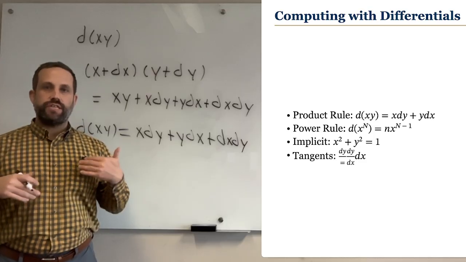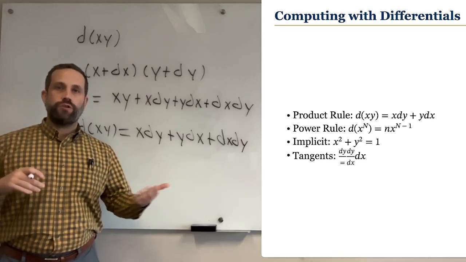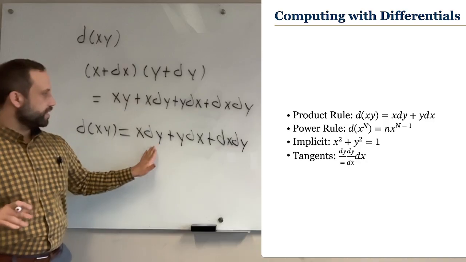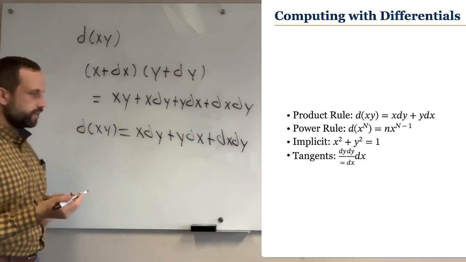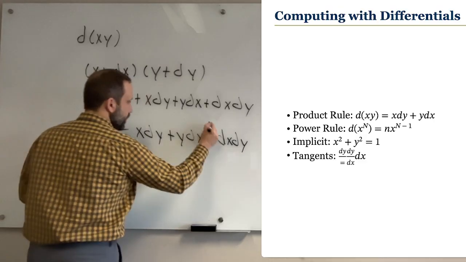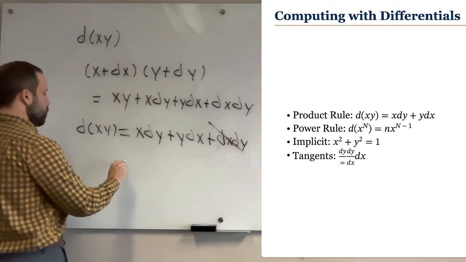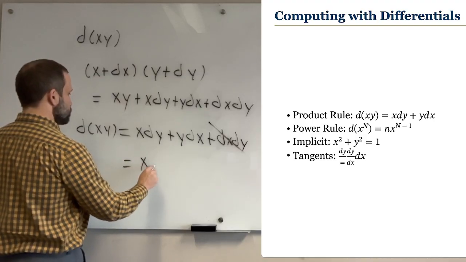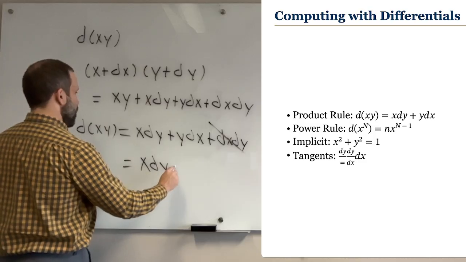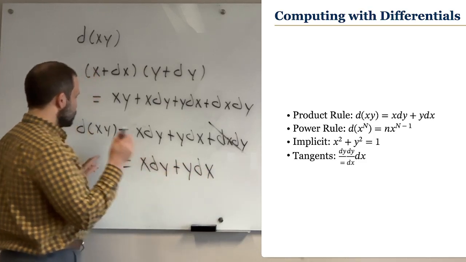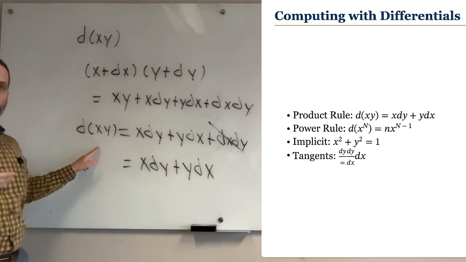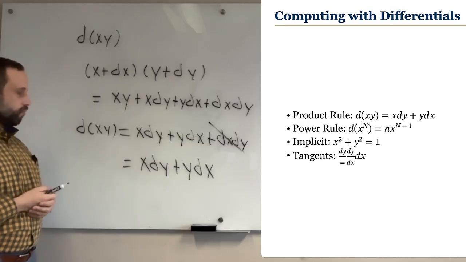And this becomes more and more true as the quantities go to 0, which is exactly what happens in the context of infinitesimals. And so that just goes to 0, and then what we have left is x dy plus y dx. And so this is the product rule stated in differential form.